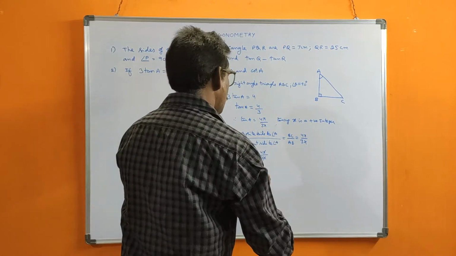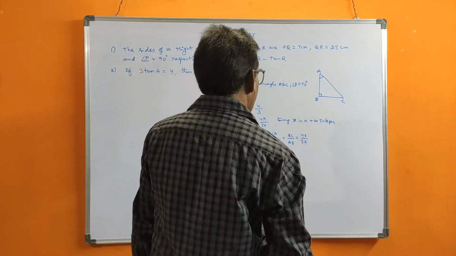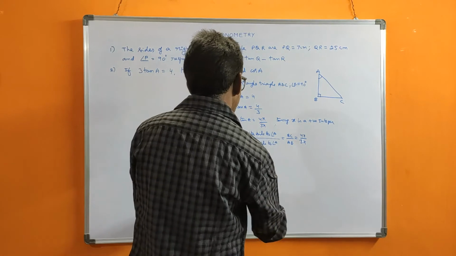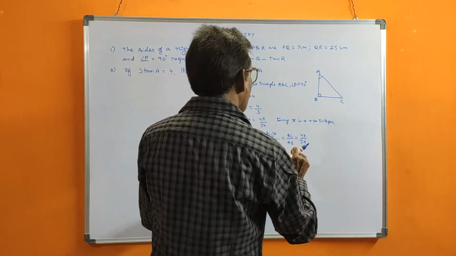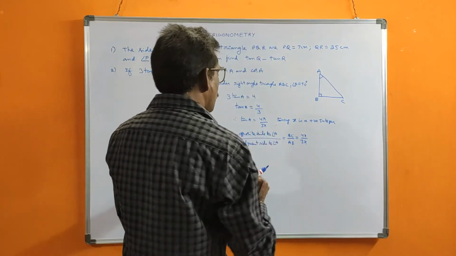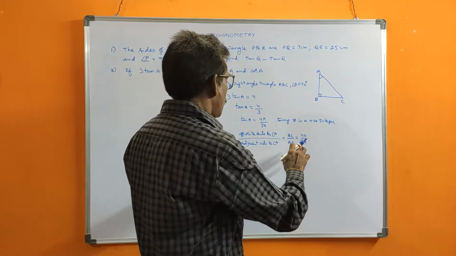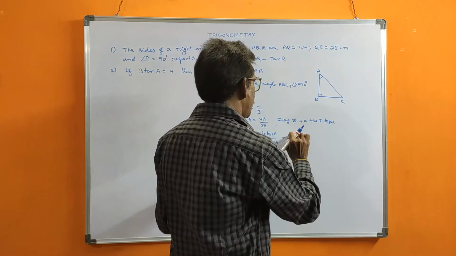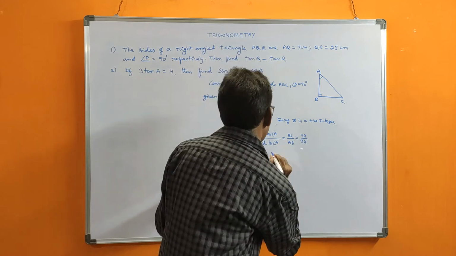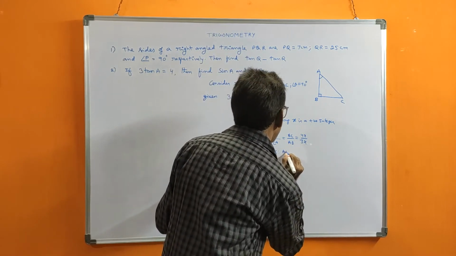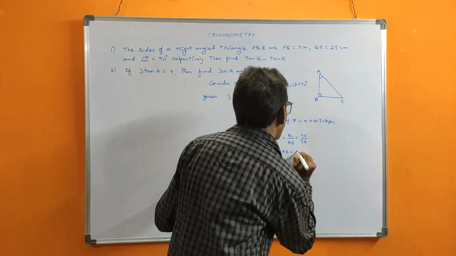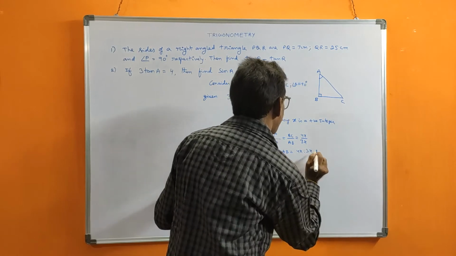X cancels. According to this, BC is to AB as 4x is to 3x.